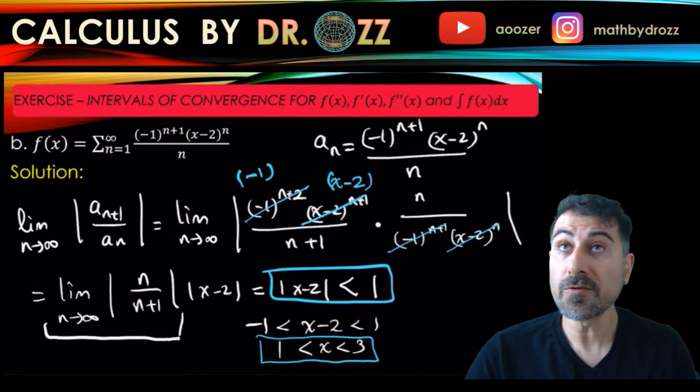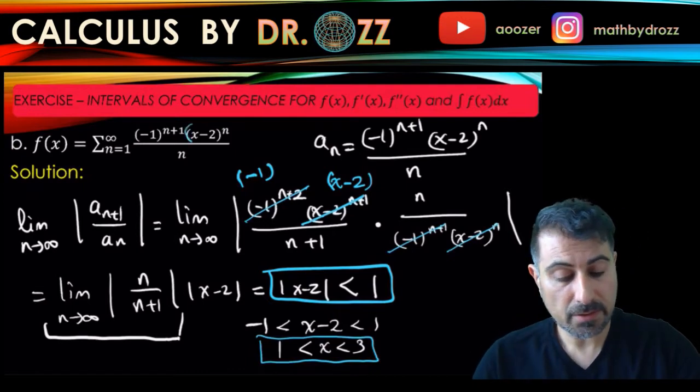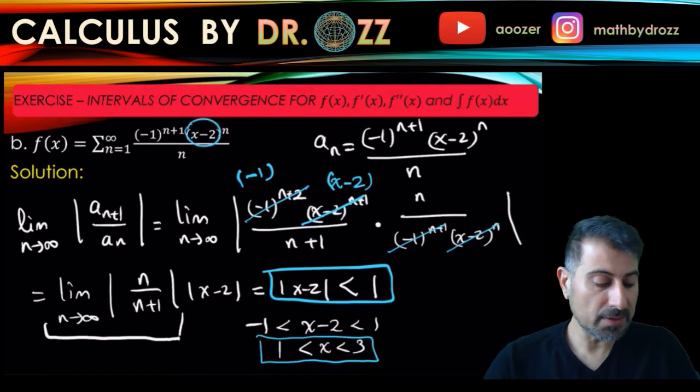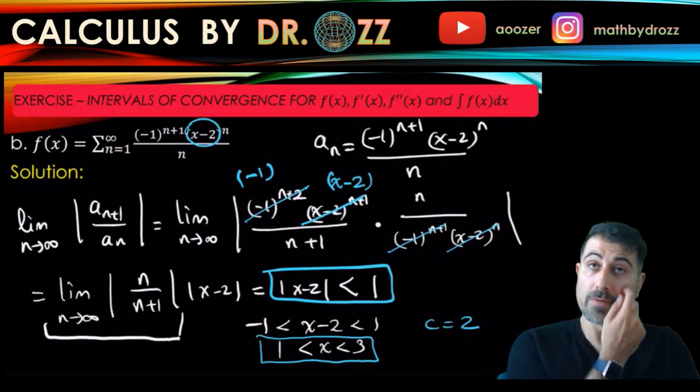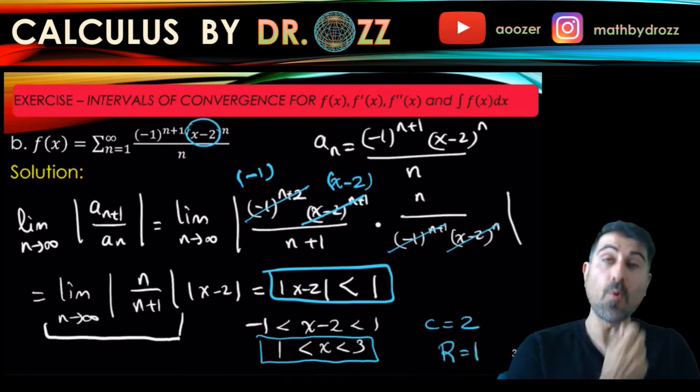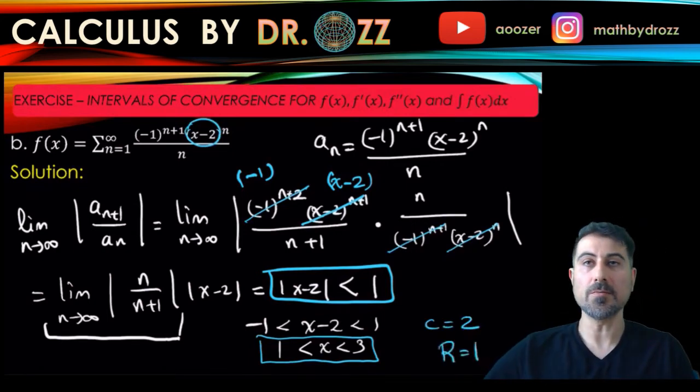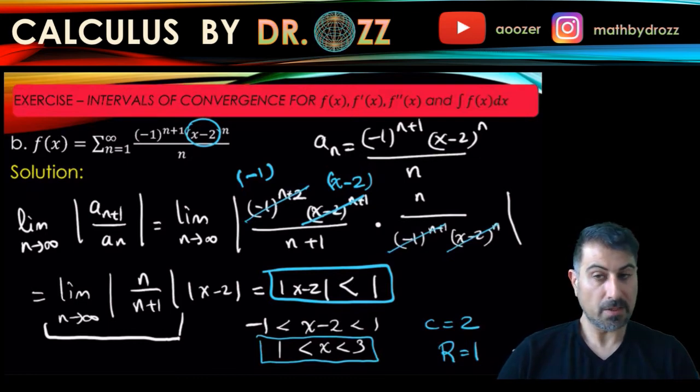And the radius of convergence, given that the center is 2, so c equals 2, is equal to 1, because the center is 2 in the interval 1 and 3, and you are just 1 unit from the endpoints, so that makes it the radius of convergence.